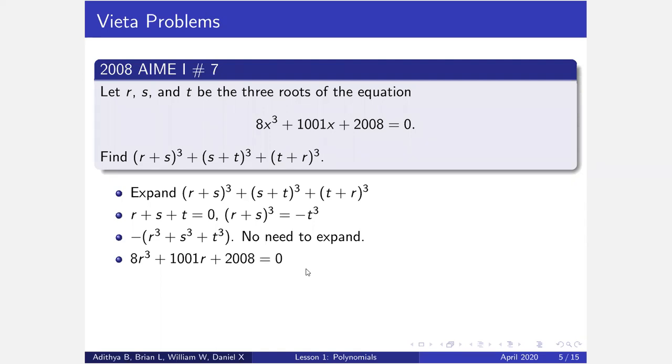Okay, people are telling me to rearrange it. We can do that. So we get negative r cubed is equal to 1001r plus 2008 all over 8. Can anybody see how to finish this question now?